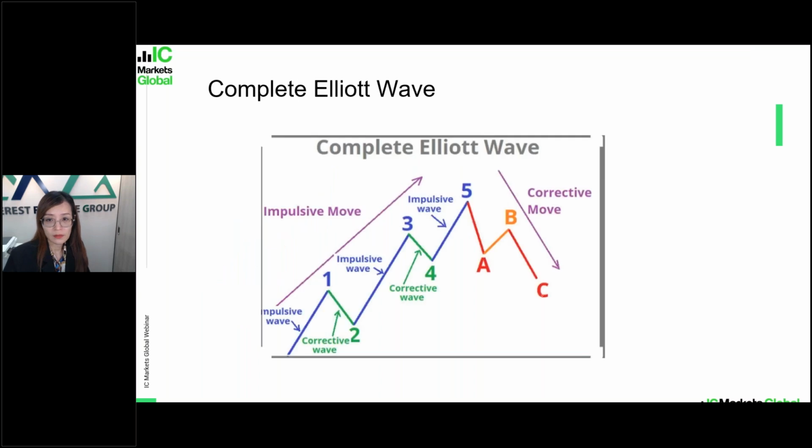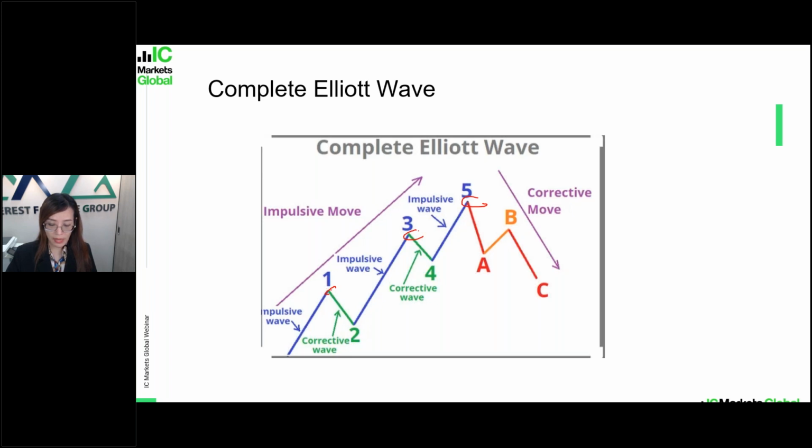Now this is what a complete Elliott wave looks like. Basically, what you can see over here is the impulsive waves, which are wave 1, wave 3 and wave 5. They follow the trend. The corrective waves, 2 and 4, are where you wait for price to pull back.